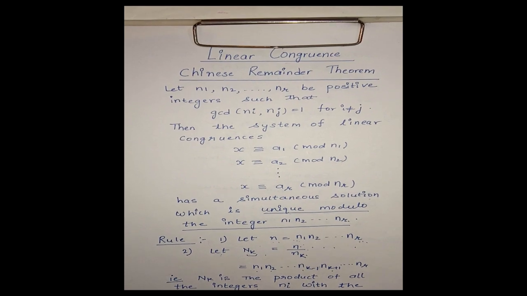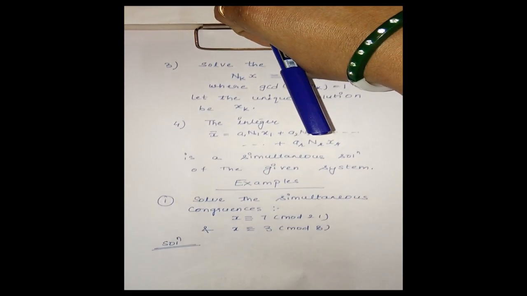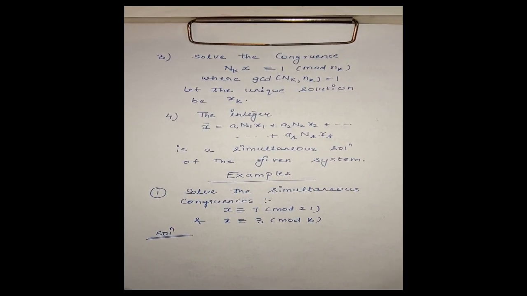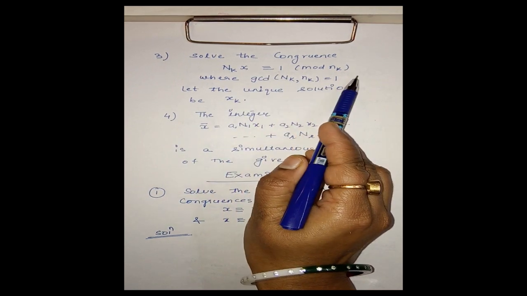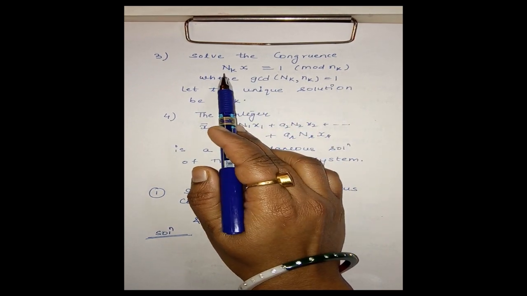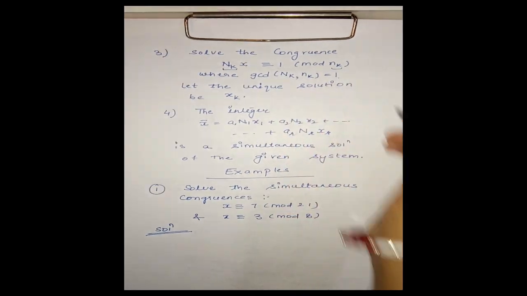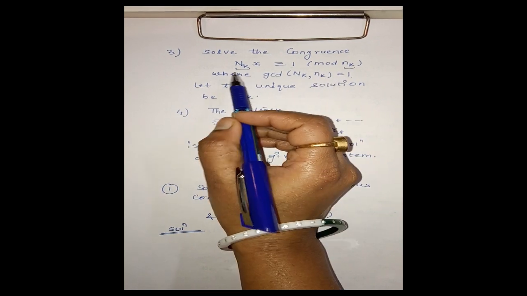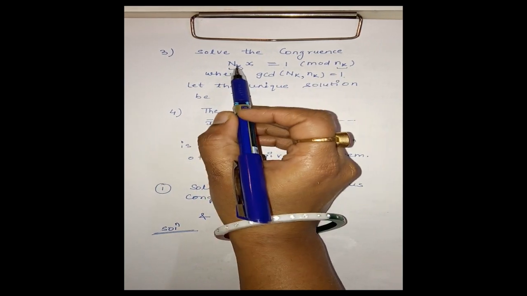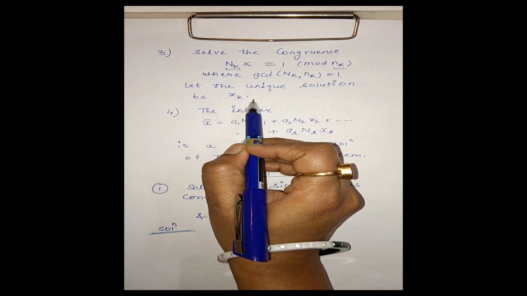After these two steps, the next step is that we will solve the congruences Nk x congruent to 1 modulo nk, where the GCD of Nk and nk is 1. From theorem 1, we know that if this condition holds, then this congruence has a unique solution modulo nk, call it xk.